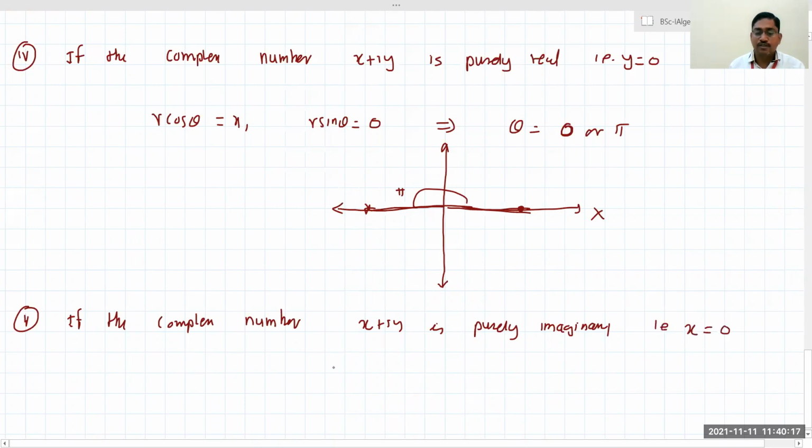That means here x is 0. So r cos theta is 0 and r sin theta is non-zero. So what is the value of theta? It should be pi by 2 or 3 pi by 2. That means the x coordinate is 0, it may be on the y axis.